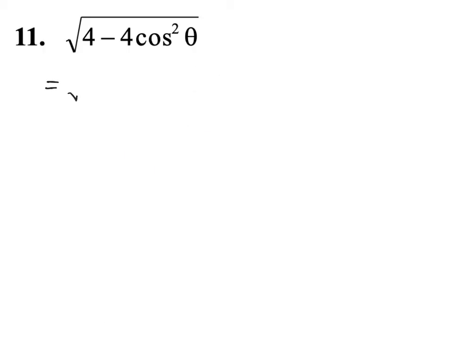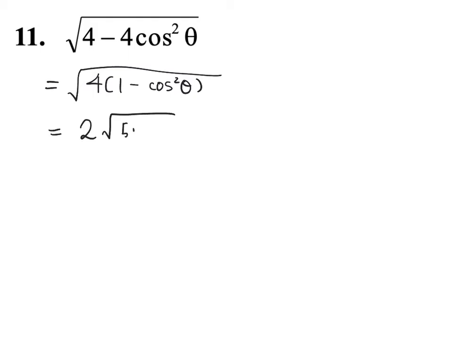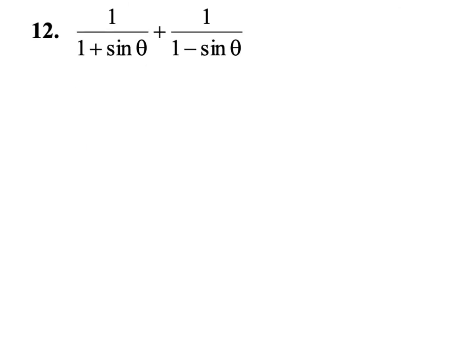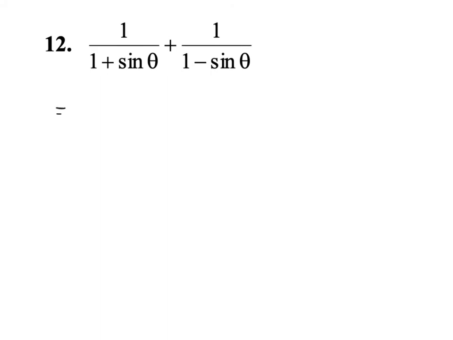For this one, take out the common factor, so you have 4 and 1 minus cosine square theta. And then you have 2 and this one. So you know this is 2 sine theta at the end. For this one, again, use the identity.